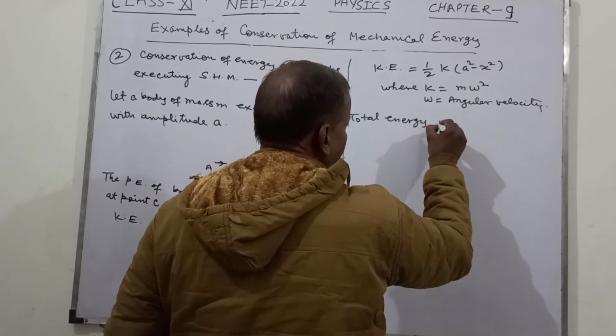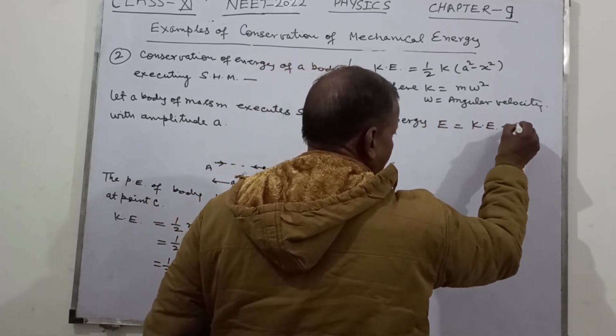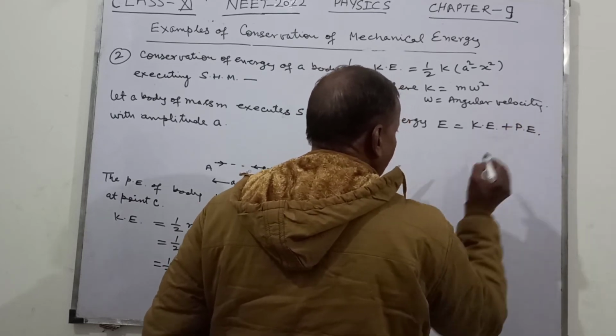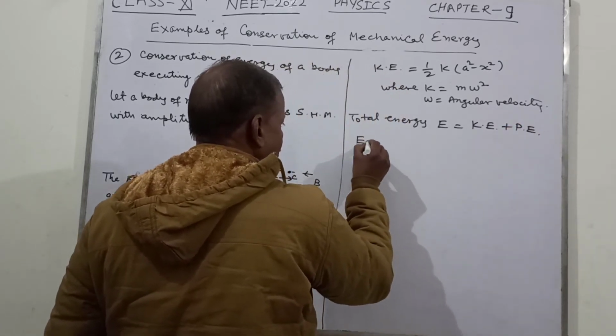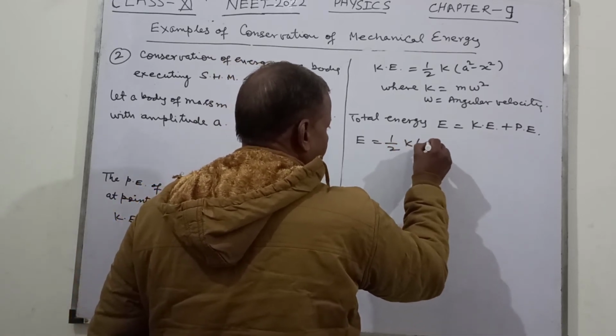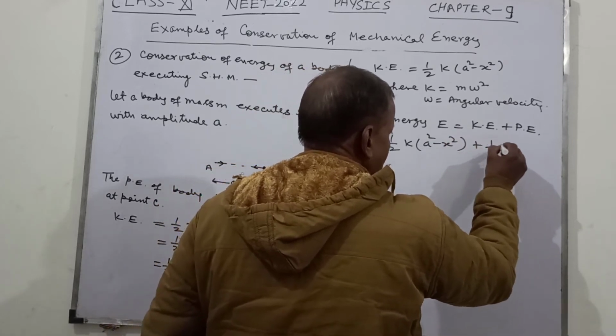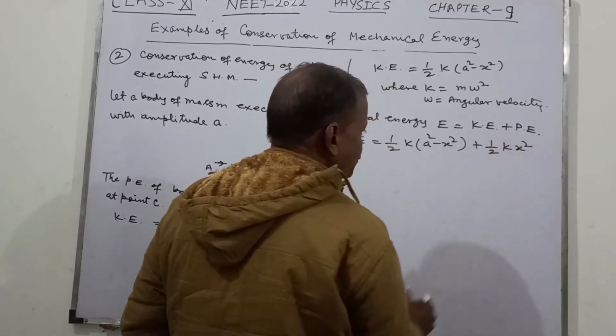Now what is the total energy? Total energy E is equal to the kinetic energy plus the potential energy. So E is equal to half k into a square minus x square plus half k x square.